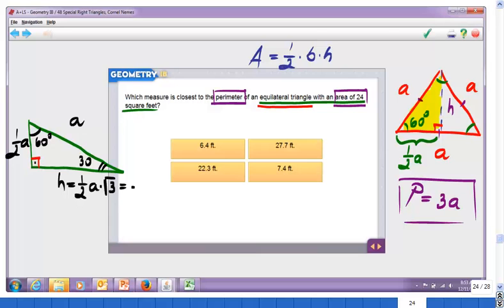So this height will be 1/2 A times square root 3, or, written in a better way, square root 3 over 2 times A.